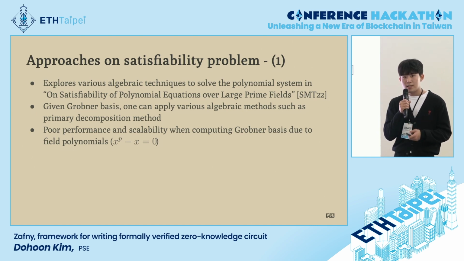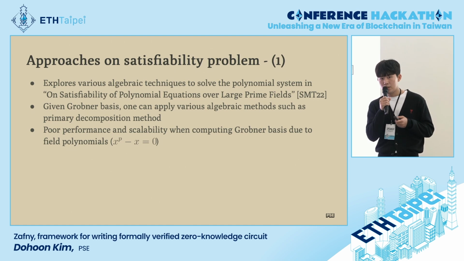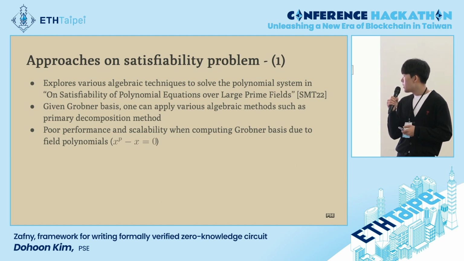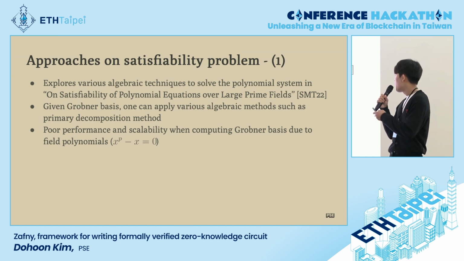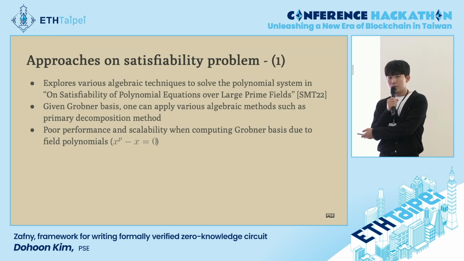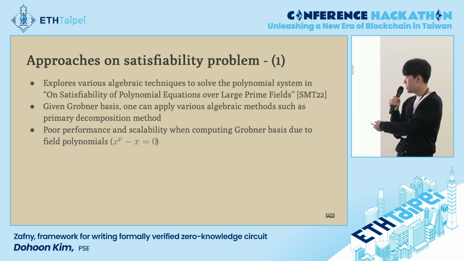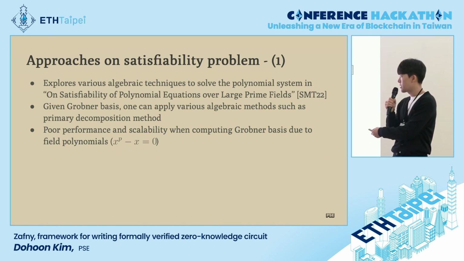This looks really fancy, but it has quite poor performance and a scalability issue because when computing the Gröbner basis of the polynomial constraints, we usually consider field polynomials. I'm going to talk about what field polynomials are in a later slide.